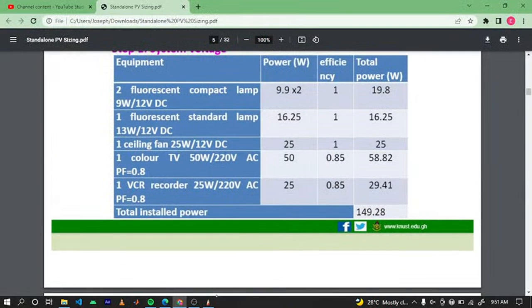So in the example above, how do we find our S2? We have two AC parameters here, right? Yes. We know that our apparent power is given by active power over the power factor. So the S for this will be 50 over 0.8 plus the S of this, 25 over 0.8.